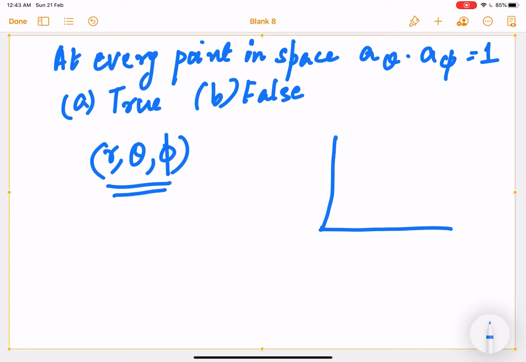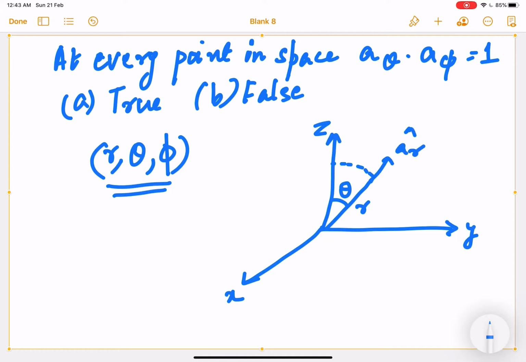If you draw a three-dimensional structure, this is Z, this is Y, this is X, and where this is R and this is theta, from the Z axis we move towards it. If I have to say the direction of A R cap, it will be along this, and the direction of A theta cap will be along this. This is A theta cap.